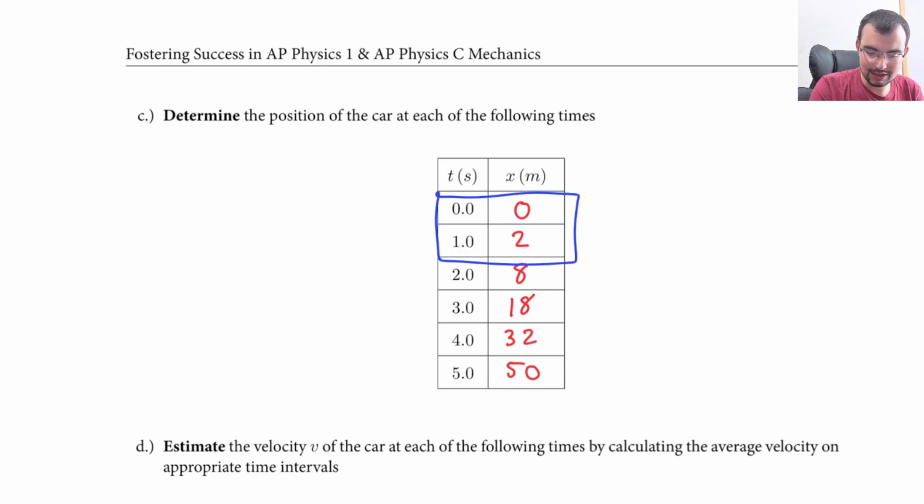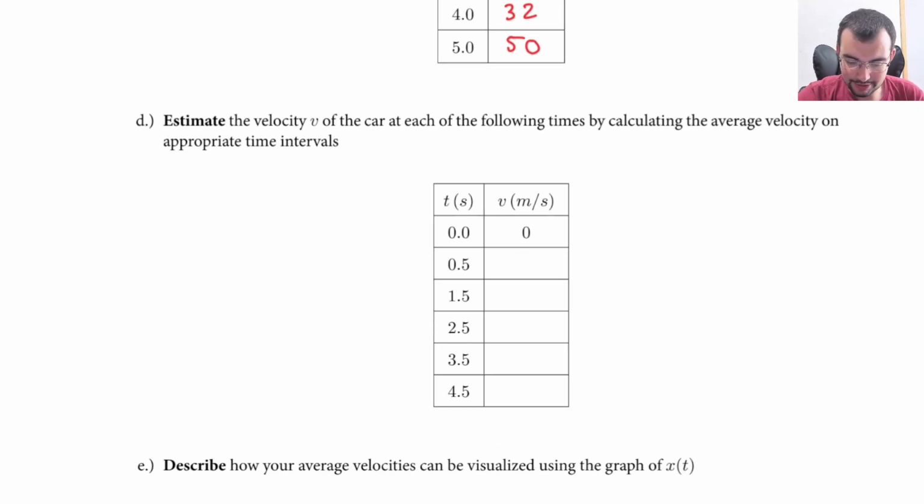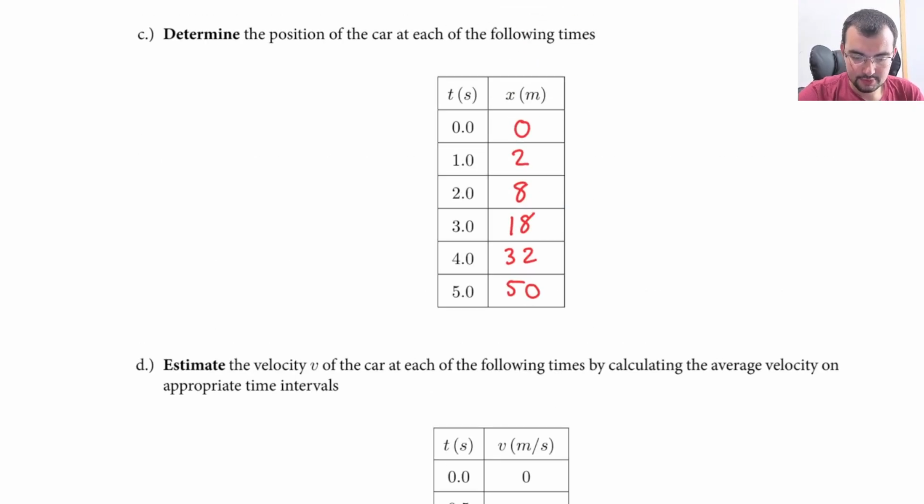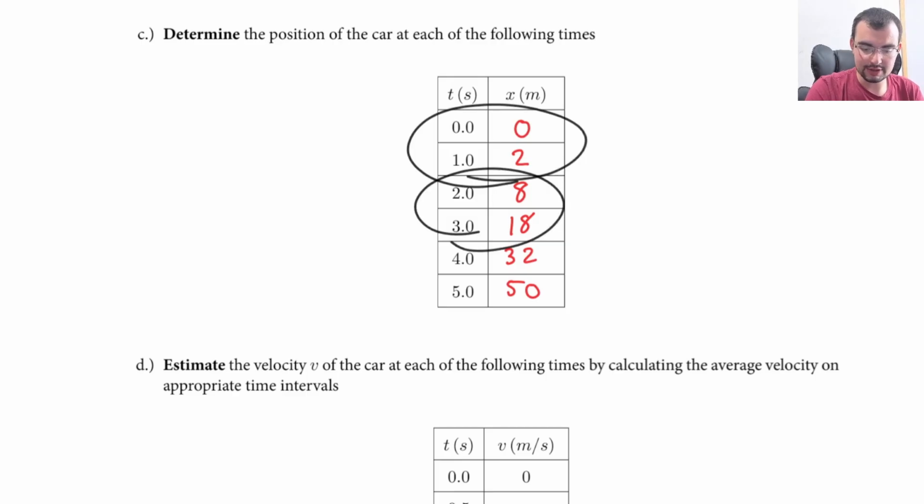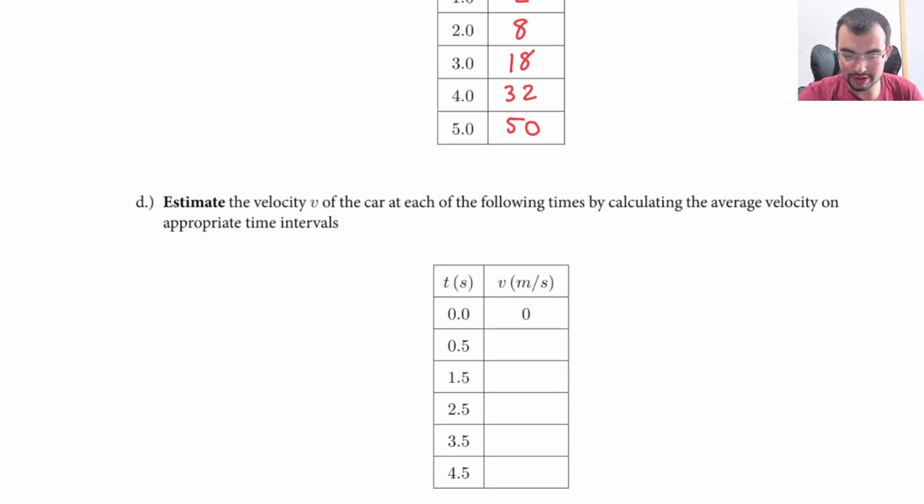So what would be a good guess for the speed at 0.5 seconds? Well, we should probably take the average between these 2 times. What's a good estimate at 1.5? Probably the average on this interval, and so on. So we keep just sliding our slope down a bit. I think we'll write out to the side what's happening here. We're essentially taking the rise over run on each of these adjacent data points.